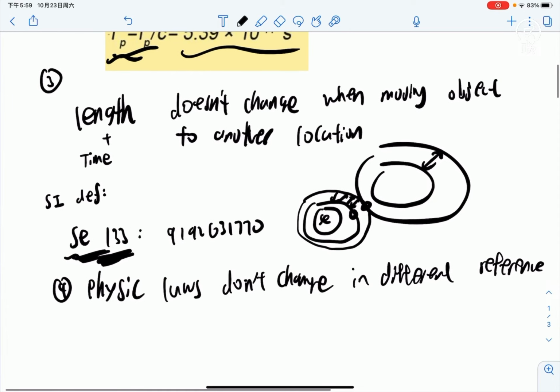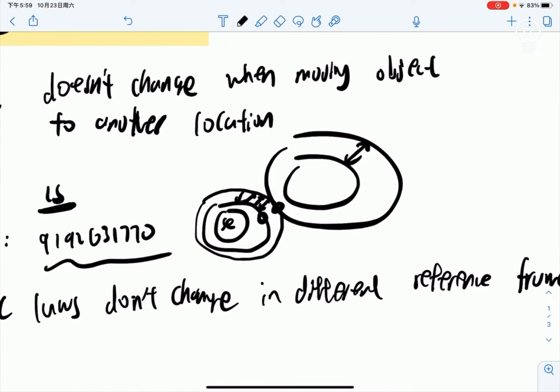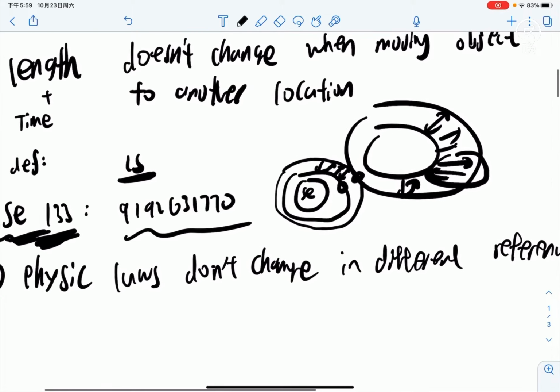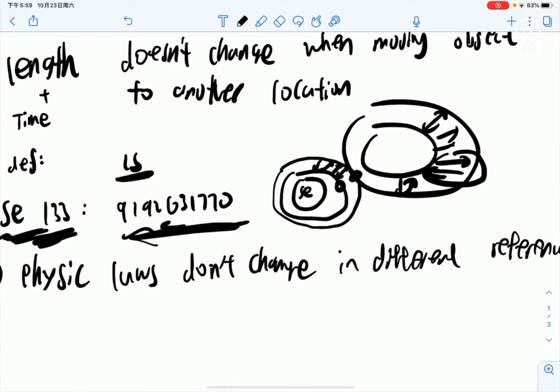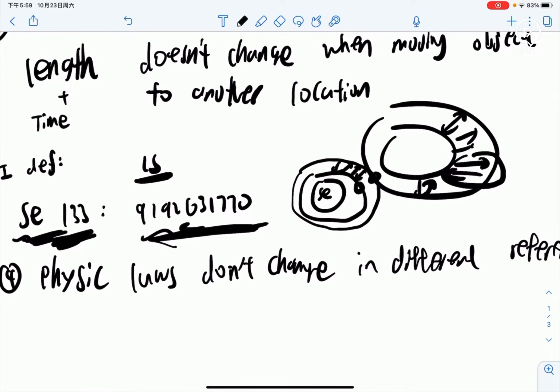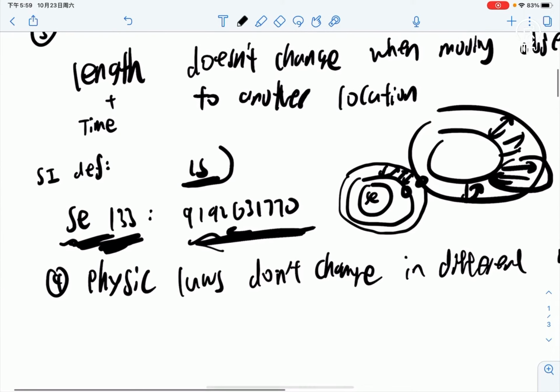And we define 1 second to be the period, or time it takes to move from level to level. So one period is here to here, and the second period is this. The number of periods it jumps through can be defined as 1 second.